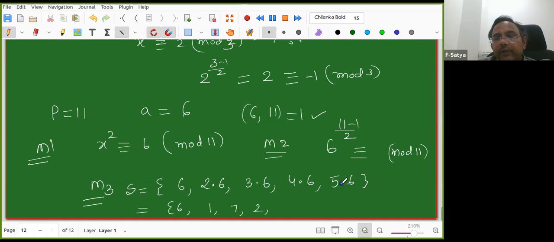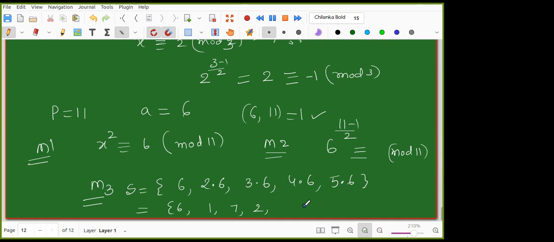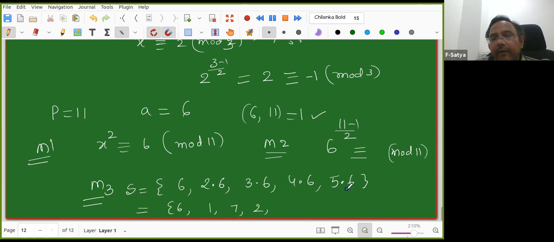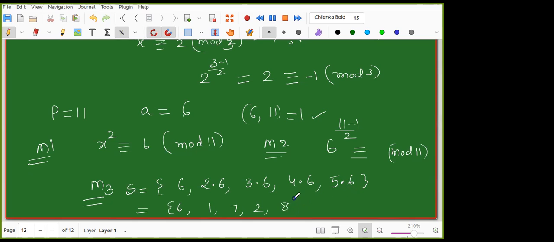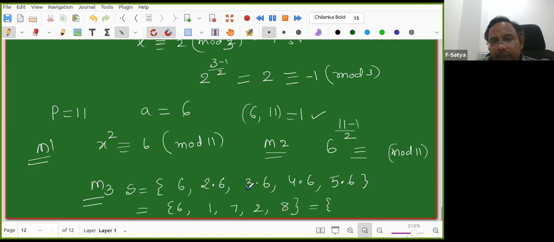Very good. 5 into 6 is 30, so the remainder is 8. They cannot be equal. You did it earlier, because in the proof of Fermat's little theorem, or Euler's theorem, none of these will give the same remainder. Are you okay?